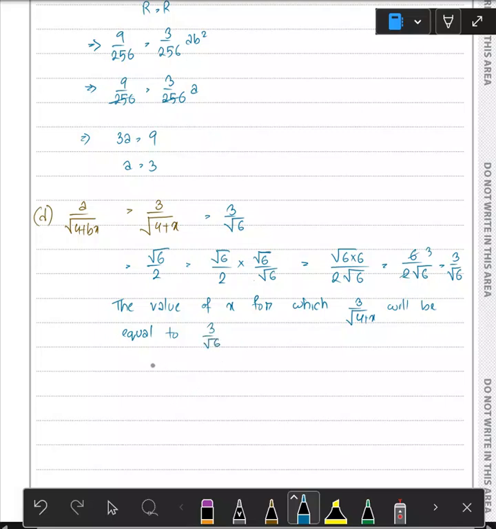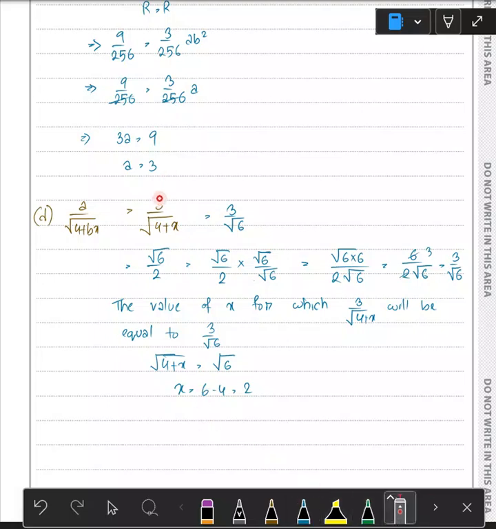So the roots will get cancelled, and 6 minus 4 would be 2. So if x is equal to 2, then this will be 3 by root 6.